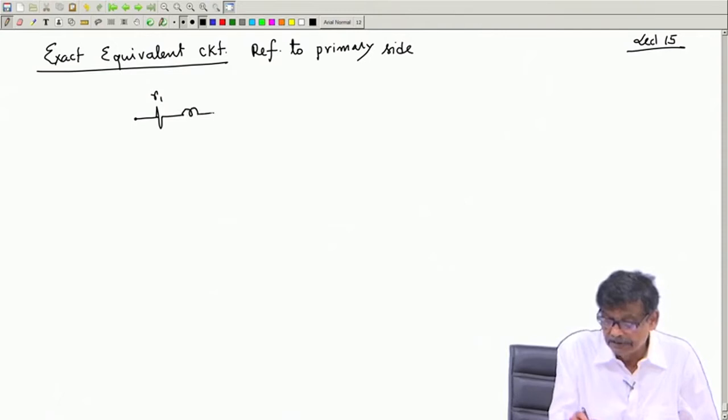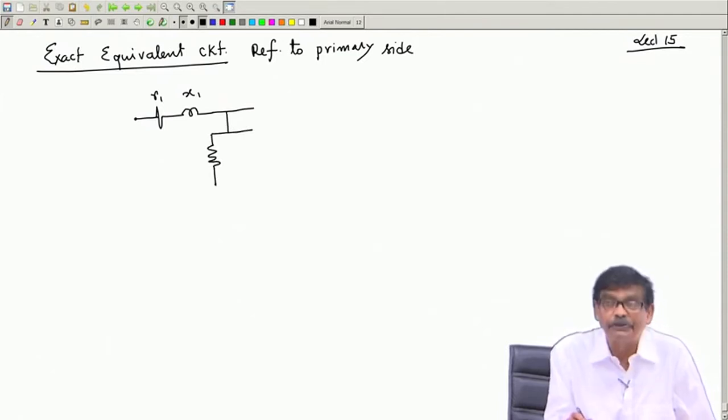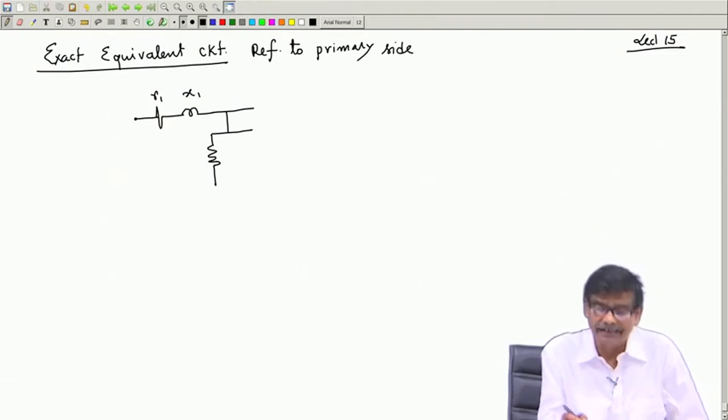primary winding leakage reactance X1, then you have this parallel branch. One is this resistance, I am showing it by several lines, indicating that it will be high.